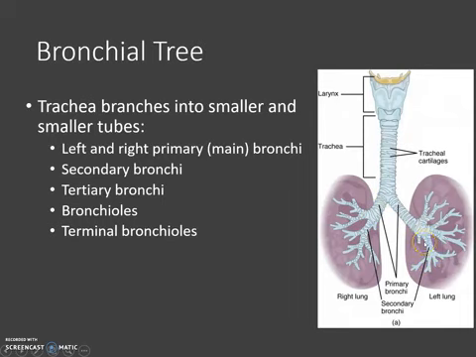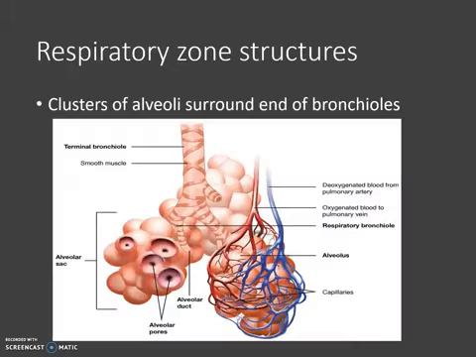So you go from the trachea to primary bronchi to secondary bronchi to tertiary bronchi. And then from there we start to get microscopic and we go into bronchioles and terminal bronchioles, which eventually lead into structures called alveoli.